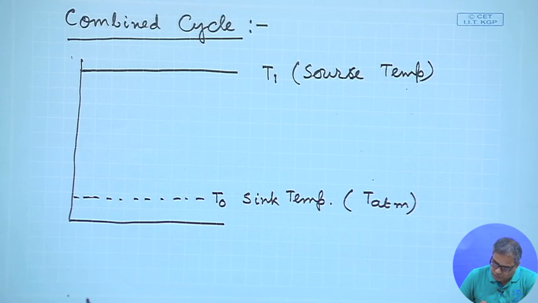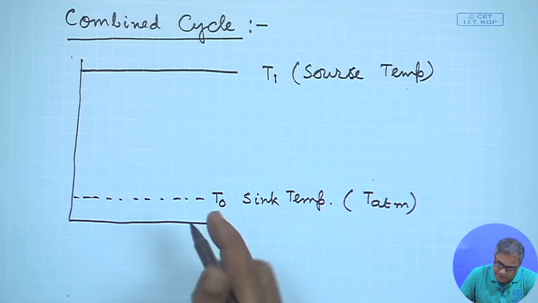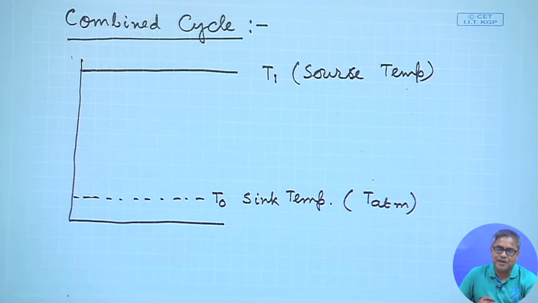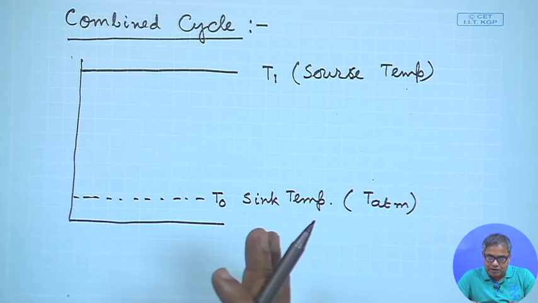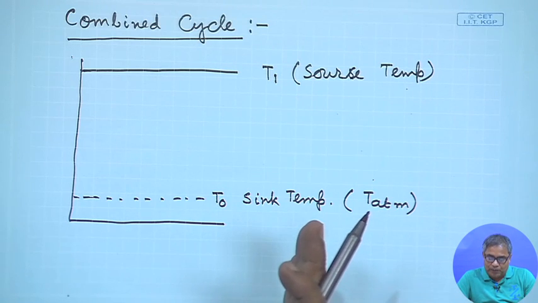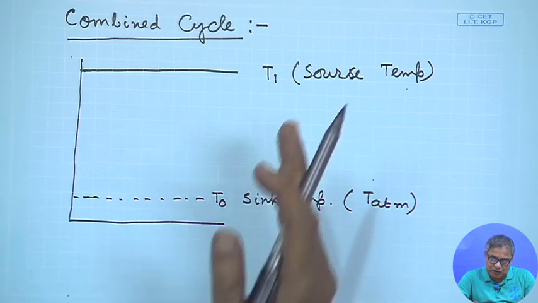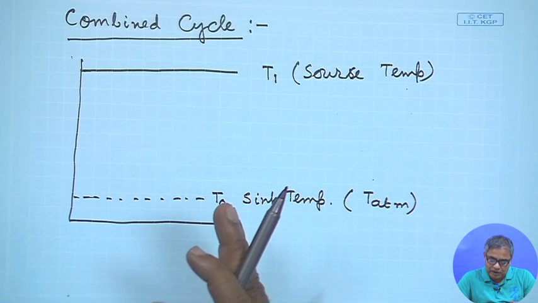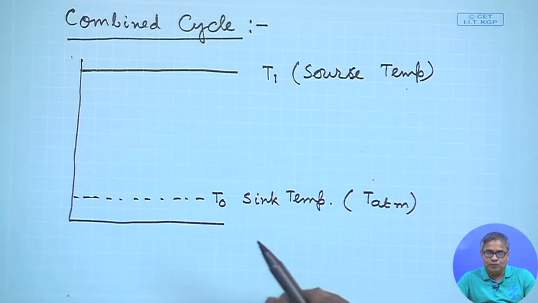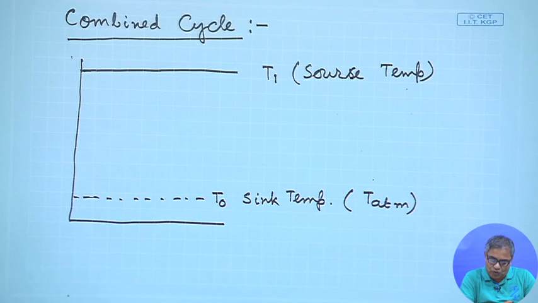Now, we have to have a cycle between T 1 and T 0. Now, it is not always possible to have a cycle between T 1 and T 0, because the working fluid has got its own characteristics, and it may not always be possible that we can have a cycle from T 1 to T 0.